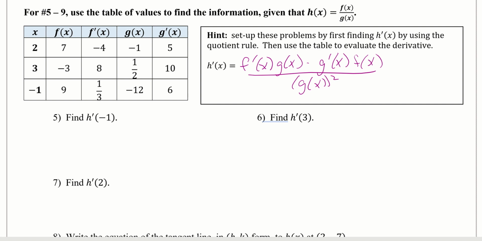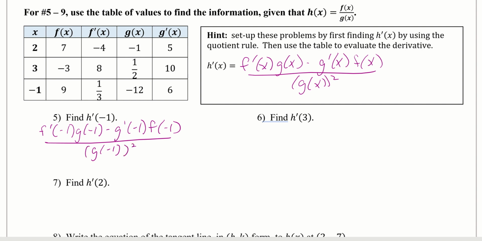Okay, so for the first one, we've got f prime. I'll write it all out on this one for you. So f prime of -1 times g of -1 minus g prime of -1 f of -1 all over g of -1 squared. Okay, and so as we go through this, we're all in this row right there.